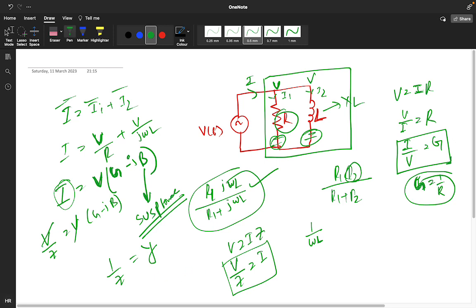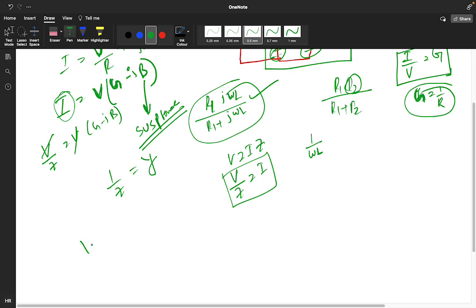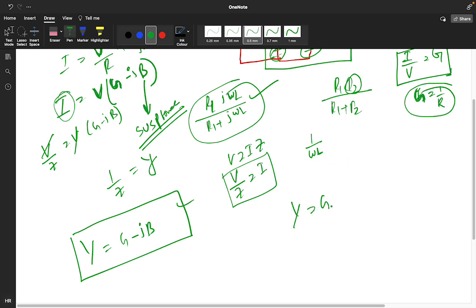Admittance. So you are getting Y is equal to G minus jB. Is this clear, or do you need me to repeat? We are getting admittance equal to conductance minus j susceptance.